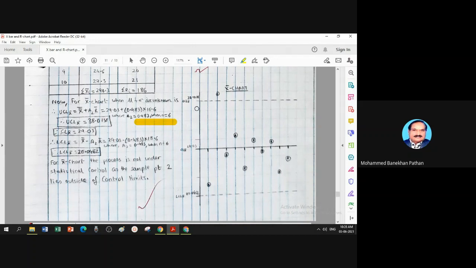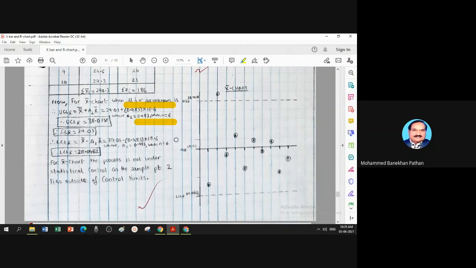On graph paper, this is the x-axis, central line at 29.03. These are the X bar i, the upper control limit and the lower control limit. But if you remember my words, when mu and sigma are unknown, you should not proceed to the X bar chart at the beginning. You should proceed firstly with the R chart.